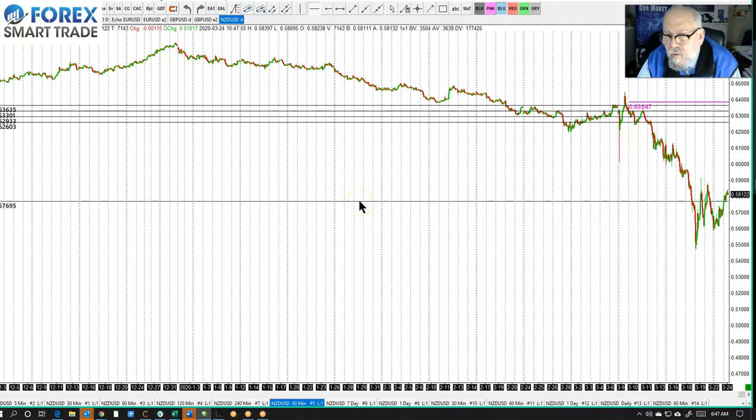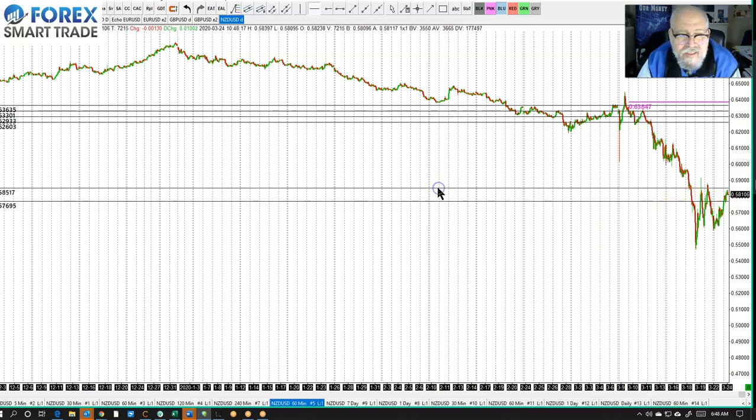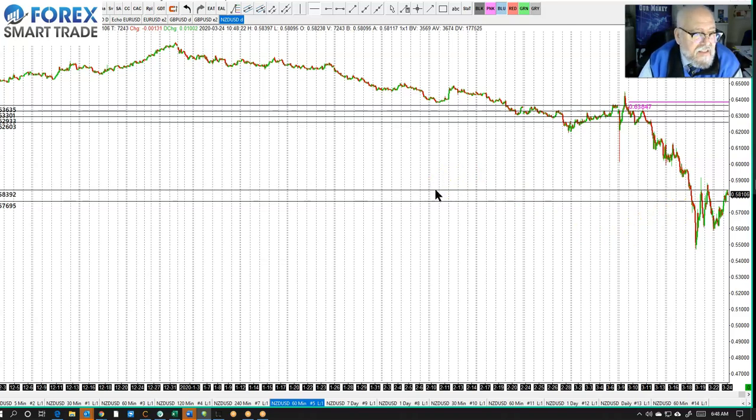And we really don't go over how to do this, but basically I'm looking for places where the line seems to stop. It goes down to a certain point, stops, and then turns around. So it did it right in here, and it seemed to do it right in here. And on a 60-minute chart, which this is, these lines tend to be around 30, 40 pips apart.